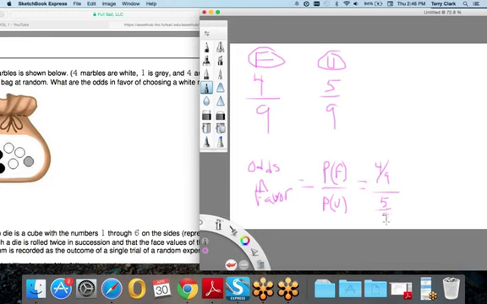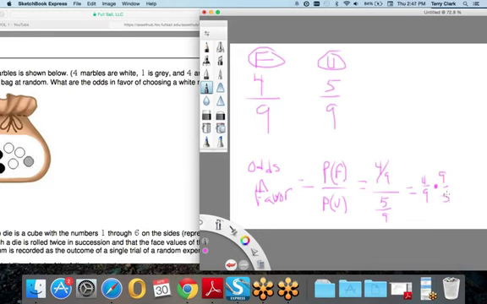Okay. Now, this is a division problem, so what we'll do is we'll keep the 4/9. We'll change the big fraction bar in the middle to a multiplication sign, and then we'll flip the other one. It'll become 9/5.